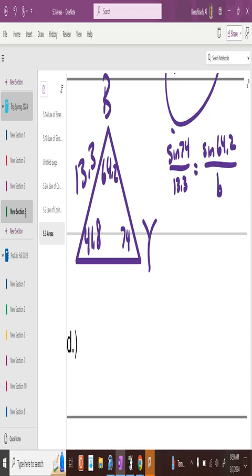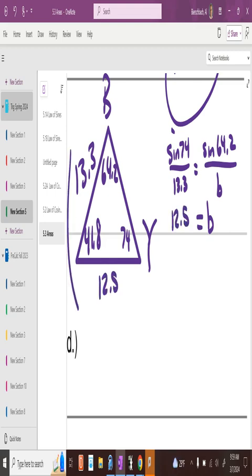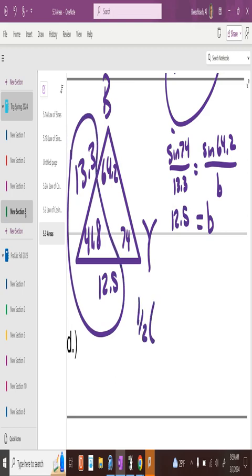So 13.3 times the sine of 64.2, press equals, divided by the sine of 74, press equals, and you get what for b? 12.5. And now we have side angle side. So it's 1/2 of 13.3 times 12.5 times the sine of 41.8.